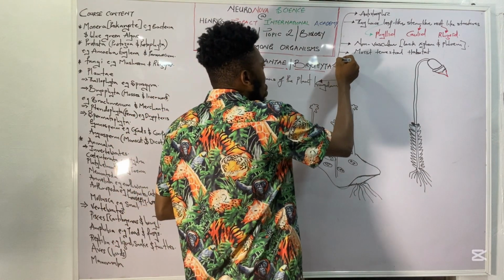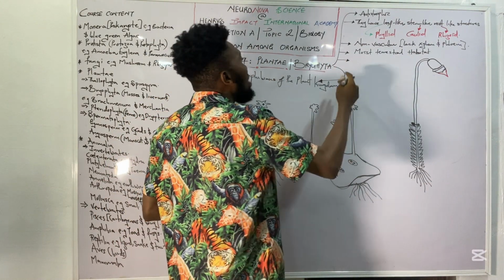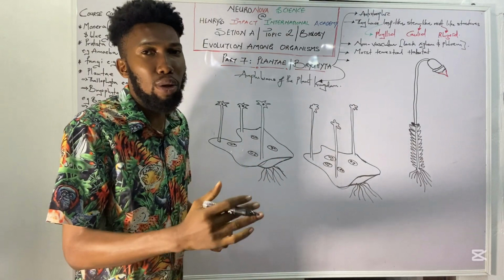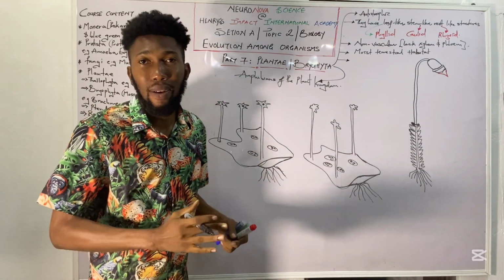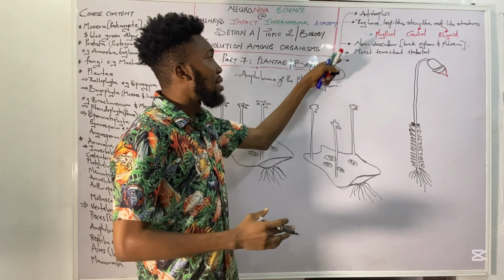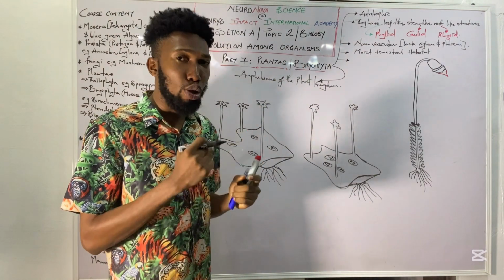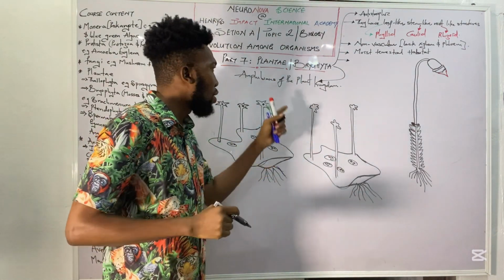Now, why can't we conclusively say that they are the first successful terrestrial plants? Because these bryophytes, whenever they want to reproduce, they need water. And that's why they are referred to as amphibians.